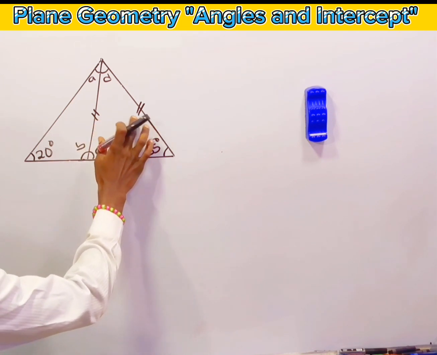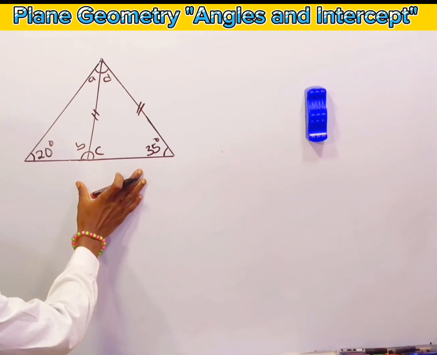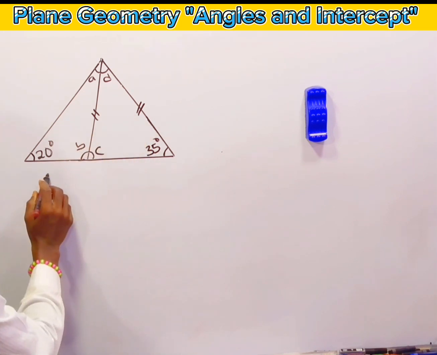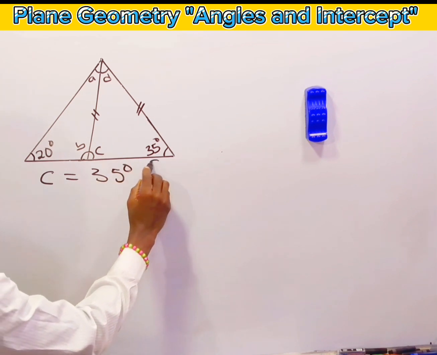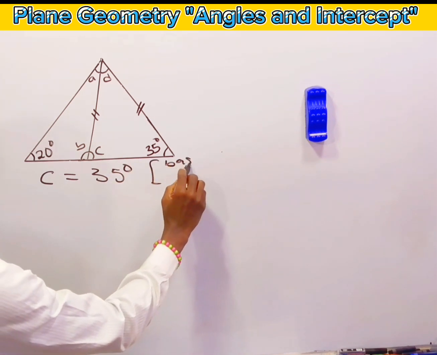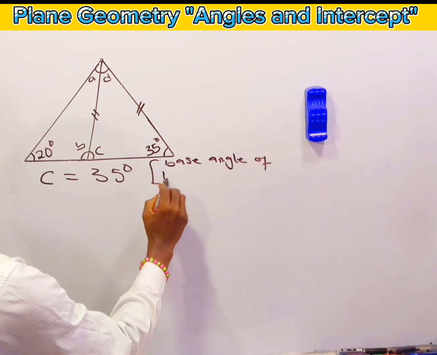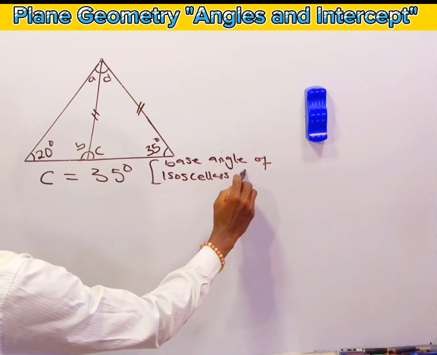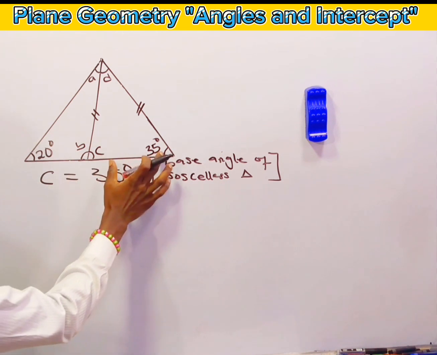This line is equal to this line. Therefore, the base angles of this triangle are equal. We say C is equal to 35 degrees. Reason, base angles of isosceles triangle are equal.